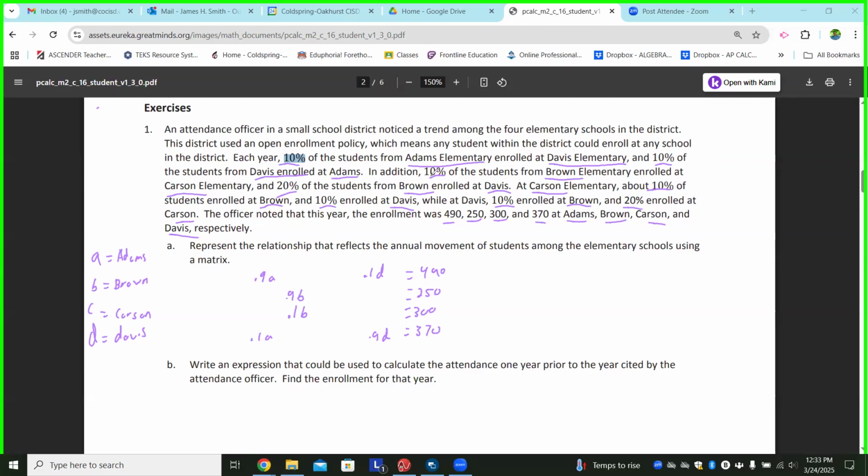And then it says 20% of students from Brown enrolled at Davis. So now I have 20% enrolled in Davis, but this is going to knock this percentage down to 70.